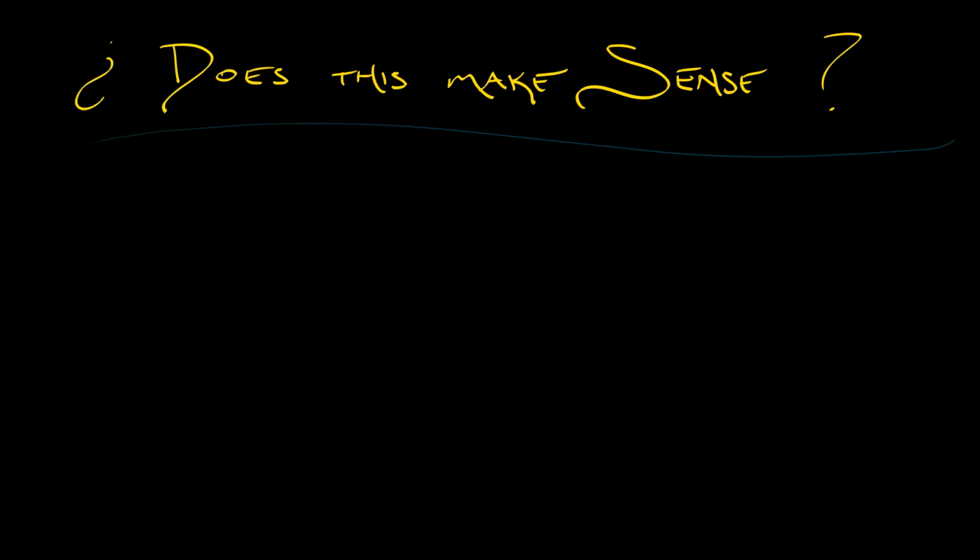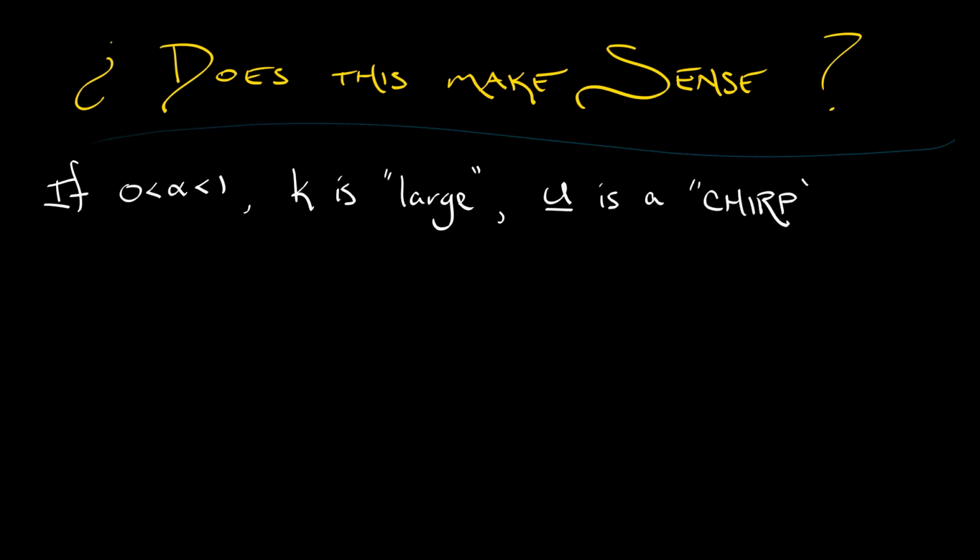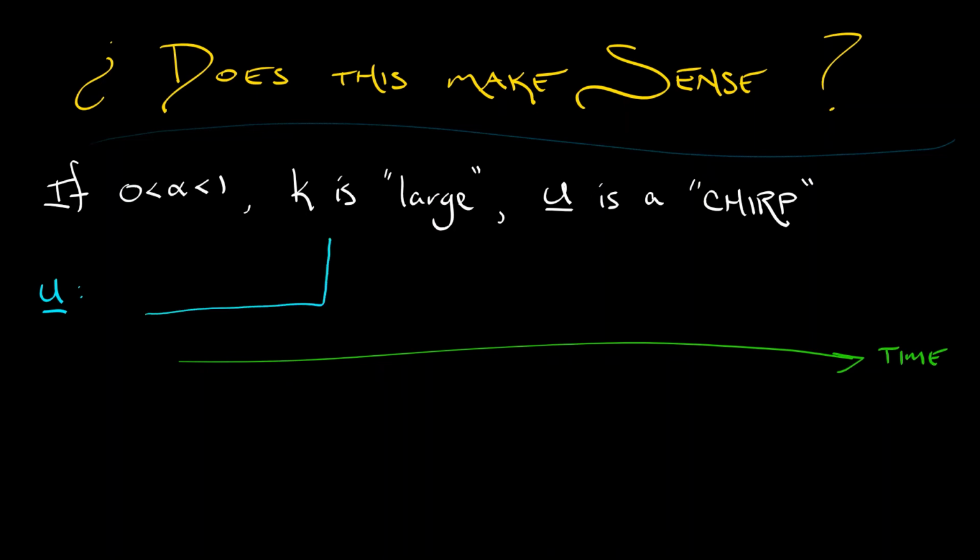So then, does this make sense? Well, let's think about it. If alpha is between 0 and 1, and if k, the order of this recurrence, is sufficiently large, then let's consider a simple example where our user input signal u is something like a chirp, or, I don't know, like a hand clap, something like that. If I draw out what that signal looks like over time, then I have this spike.